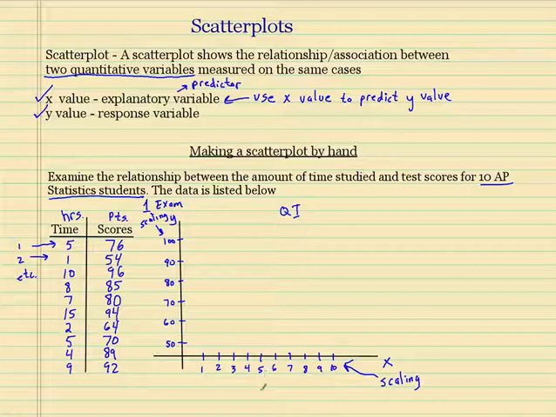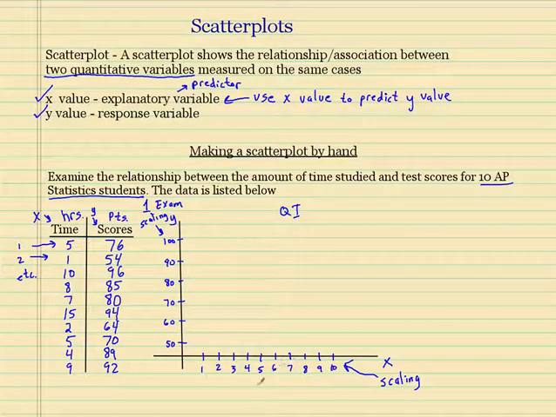Okay, in context, you can't put x variable. What are these numbers here? I gave the x to time, and I gave the y to the scores, because we're going to try to predict the scores with the time. Okay, and we're going to do that next chapter, but this is just to start.